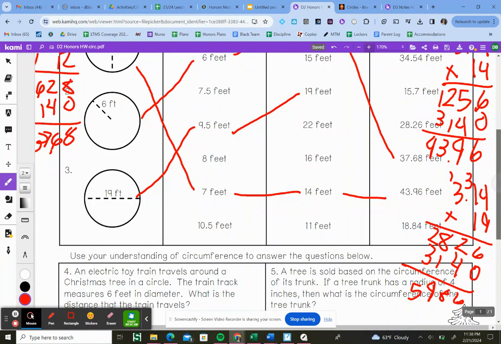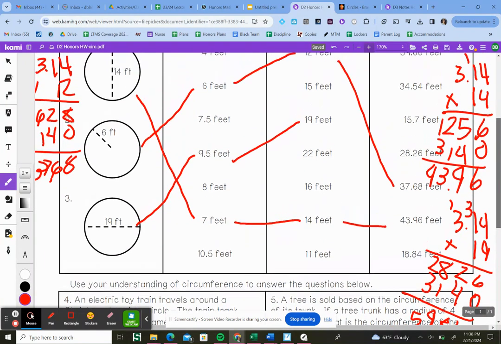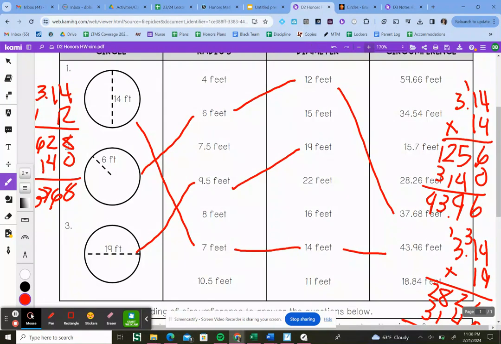Okay. I can't even read my own writing. I think that's 59.66. Forgive me if I did that wrong, but you can also just kind of estimate it, like 19 times 3. That makes sense.